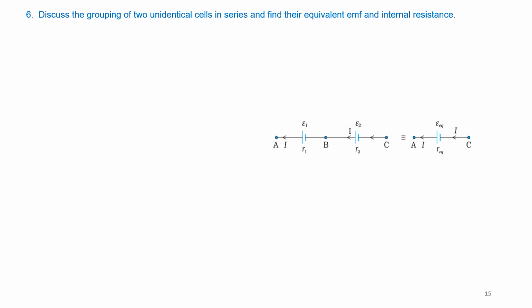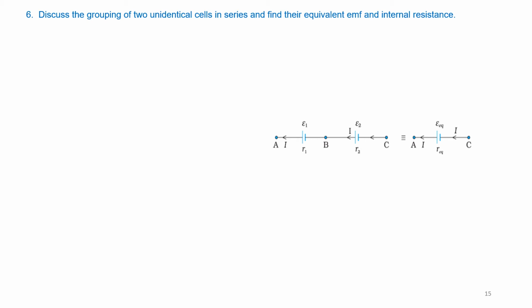We are required to find the equivalent EMF for the combination of these two cells and the derivation for internal resistance. R1 is the internal resistance of cell E1 and R2 is the internal resistance of cell E2. Hence, for our combination, the equivalent EMF will be E equivalent, and the internal resistance due to R1 and R2 is R equivalent.